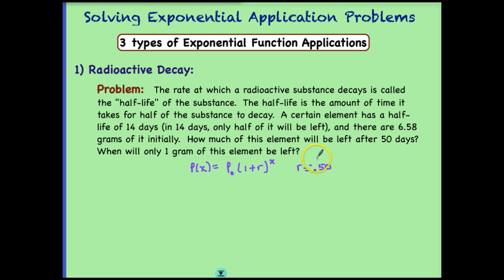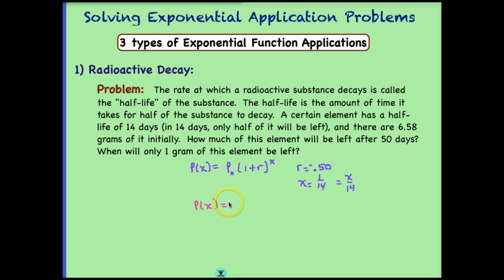Since 1 half-life is 14 days, then each day, so X, is 1/14 of a half-life. So each day is 1/14 of a half-life. Now our exponent then will be X over 14.